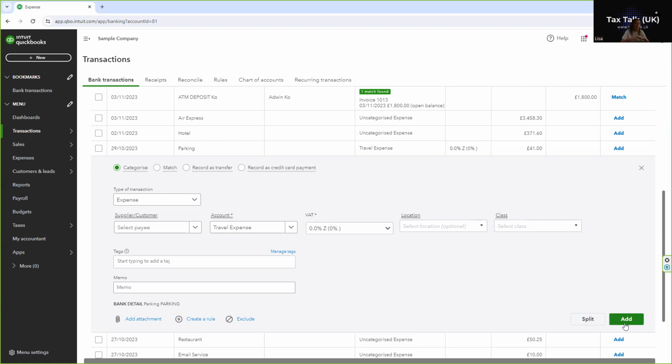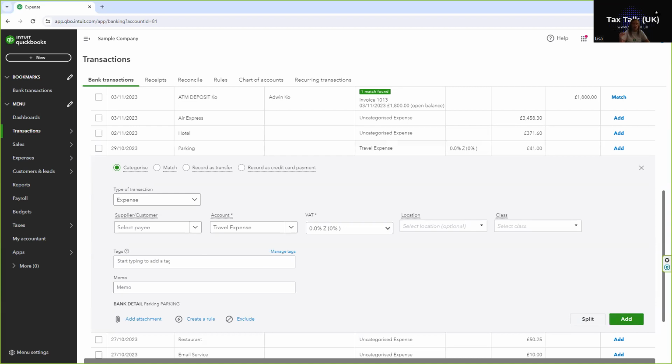Some people may have no credit terms with any of their suppliers. Everything potentially may be paid straight away at the point of purchase, and so therefore you may find that most of your items are using the expenses feature, but you may find that only a few bills need to be entered.